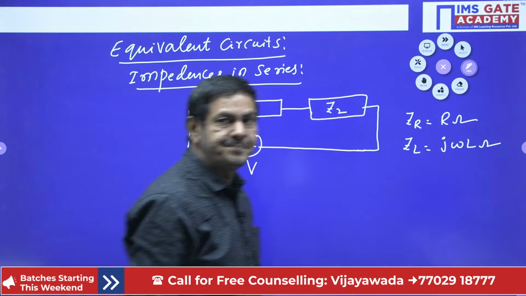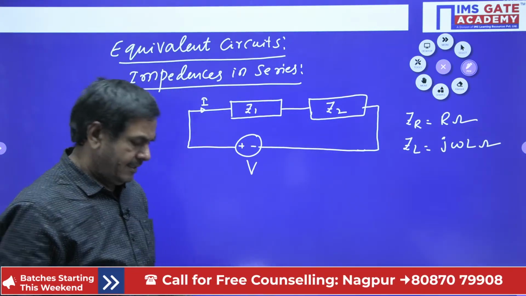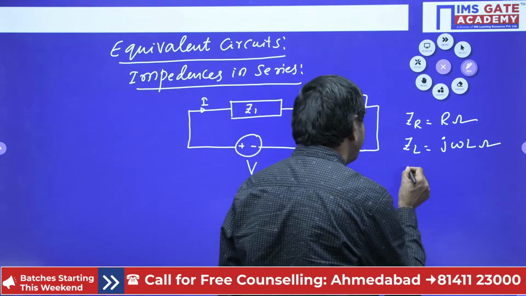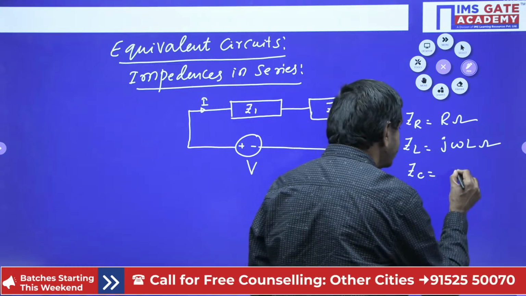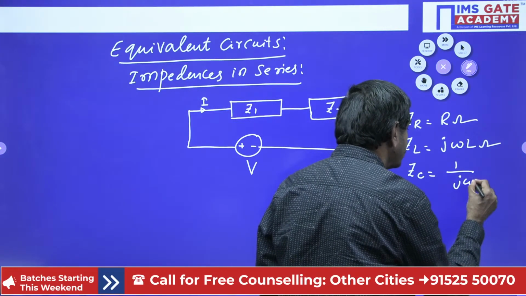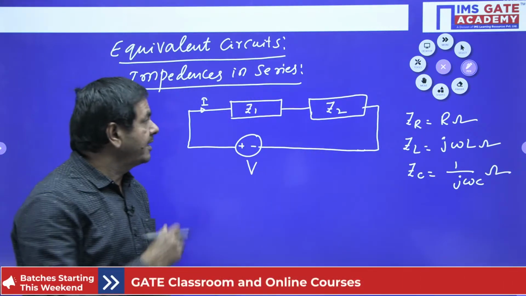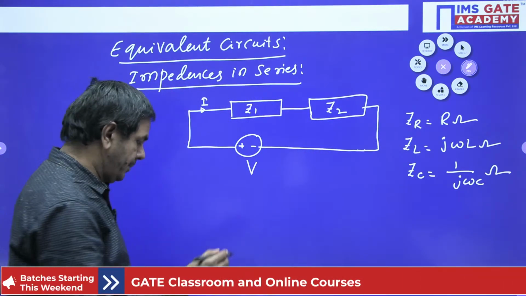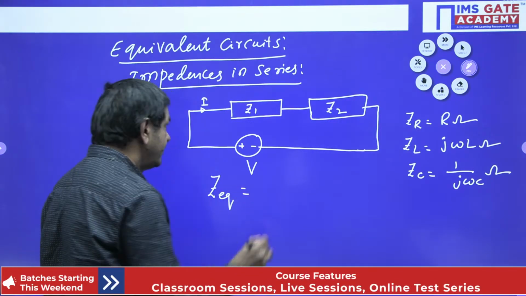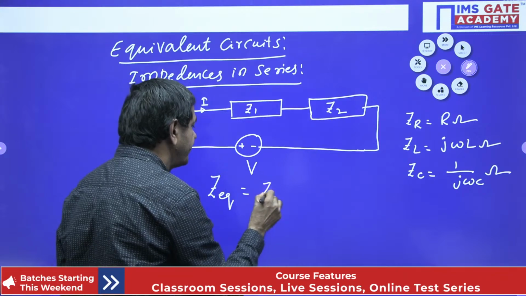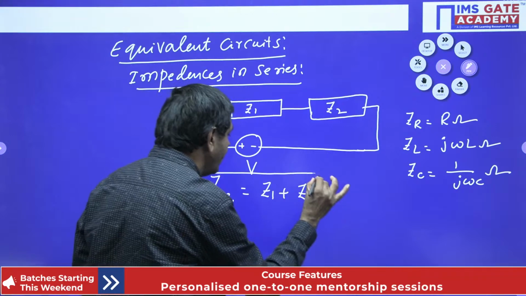The impedance of the capacitor, ZC, will be taken as 1 by j omega C. All these are in ohms. But how can we take the total impedance? The total impedance Z equivalent can be calculated as Z1 plus Z2. That is the formula we are going to use.